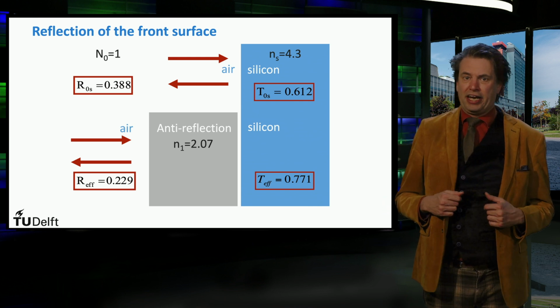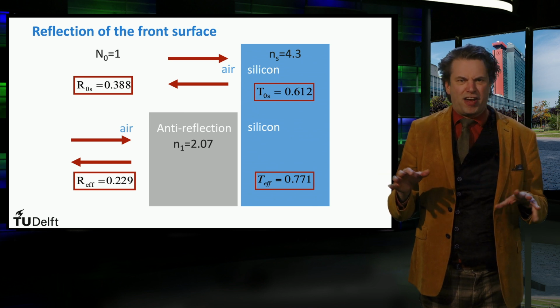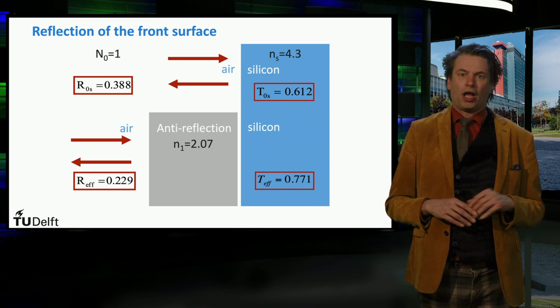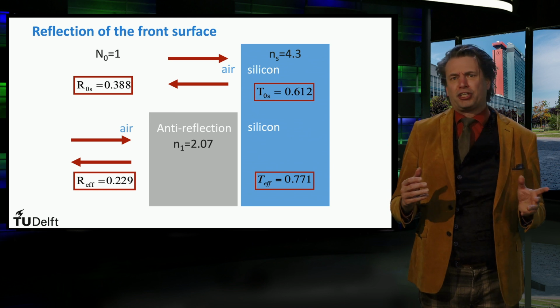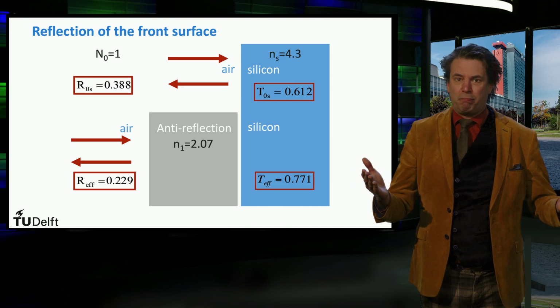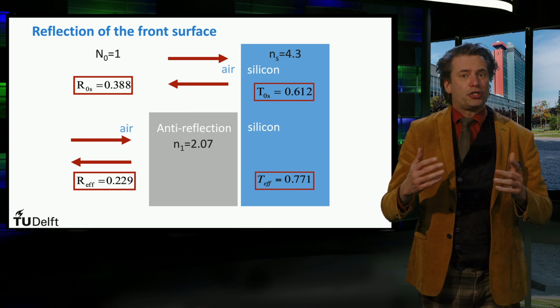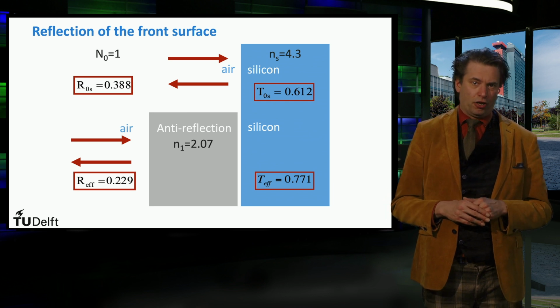For silicon and air at 500 nanometers, this leads to an optimum refractive index of around 2.1. Note that in practice a solar cell is encapsulated under a glass plate. The glass plate will be beneficial to refractive index grading as well, reducing the total reflection losses further.